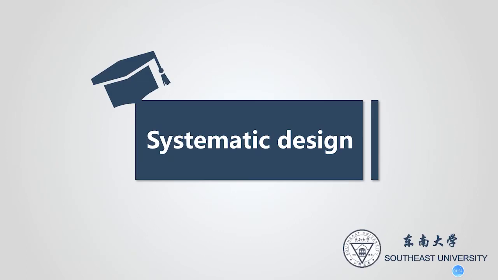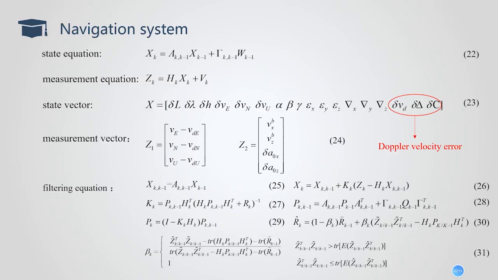The first part described the systematic design of a motion-constraint-aided underwater integrated navigation method based on improved adaptive filtering. Here it gives the state equation, measurement equation, state vector, measurement vector, and the filtering equation, which can be described as Formula 22 to Formula 31.